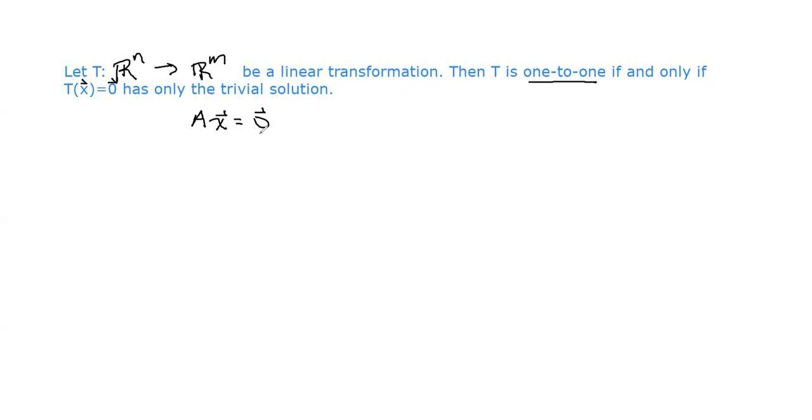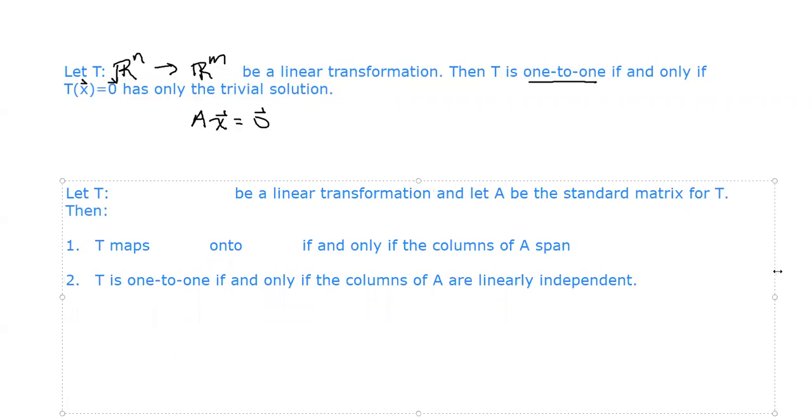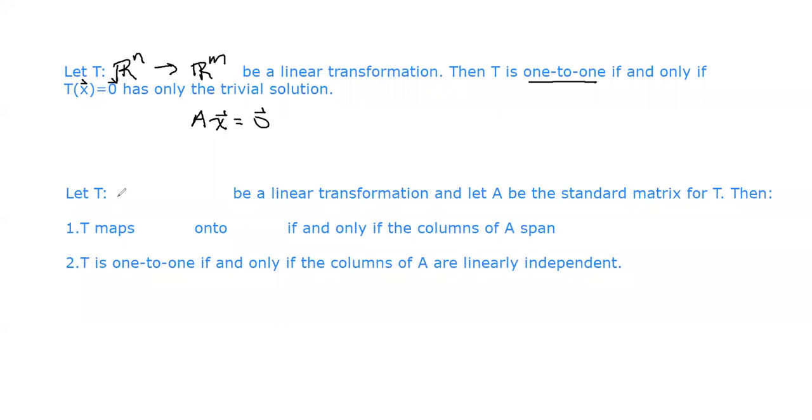Now, we can turn this into something a little bit more useful by using our vocabulary from section 1.7 when we were talking about linear independence. So let's take our linear transformation, then we can say two things about it. First of all, again, this is going from Rn to Rm.